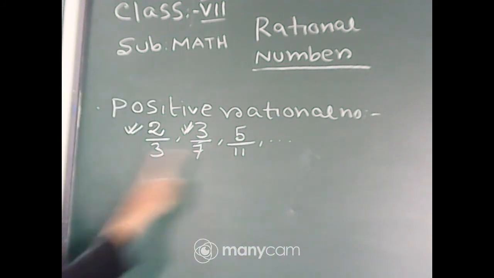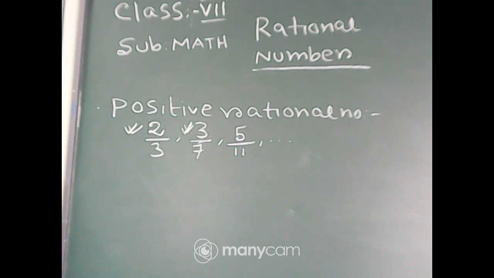So, these are positive rational numbers. If both the numerator and the denominator are positive, then they are positive rational numbers.